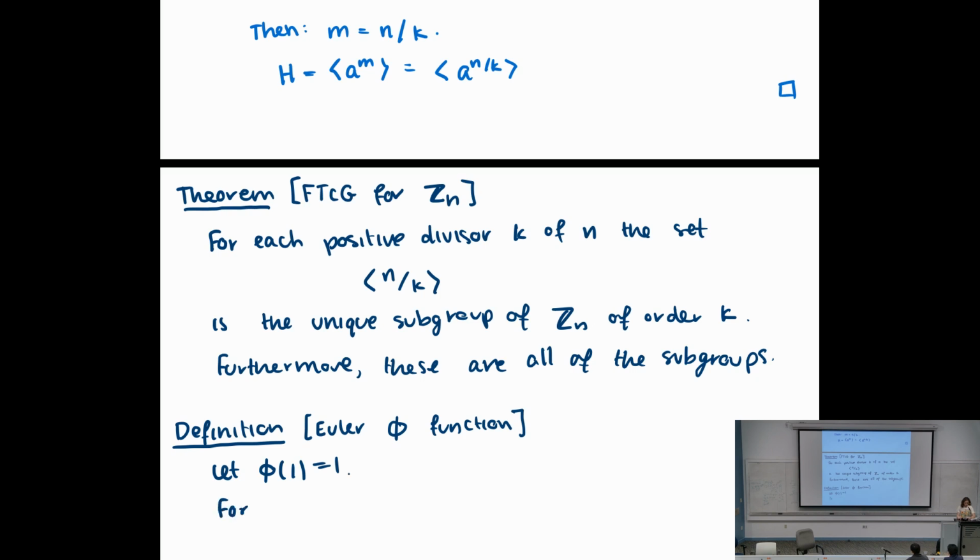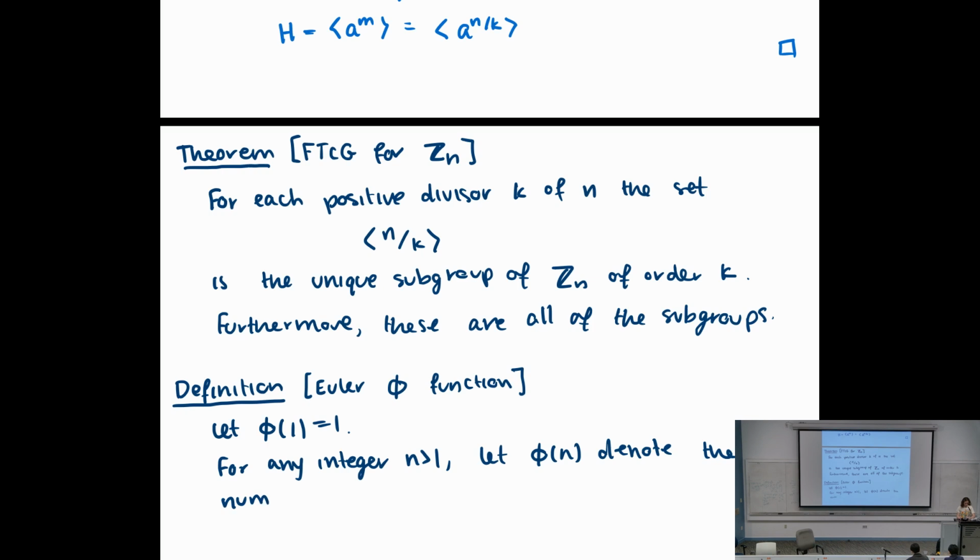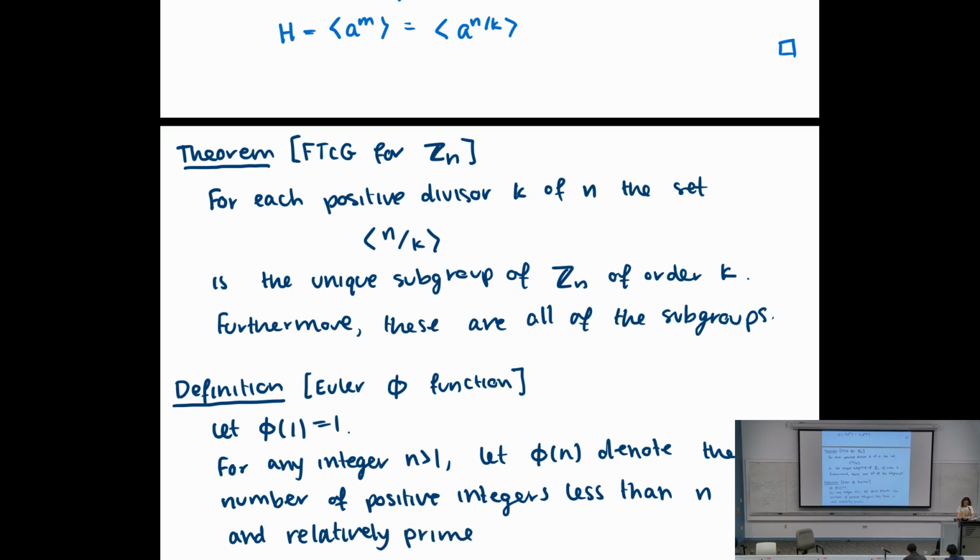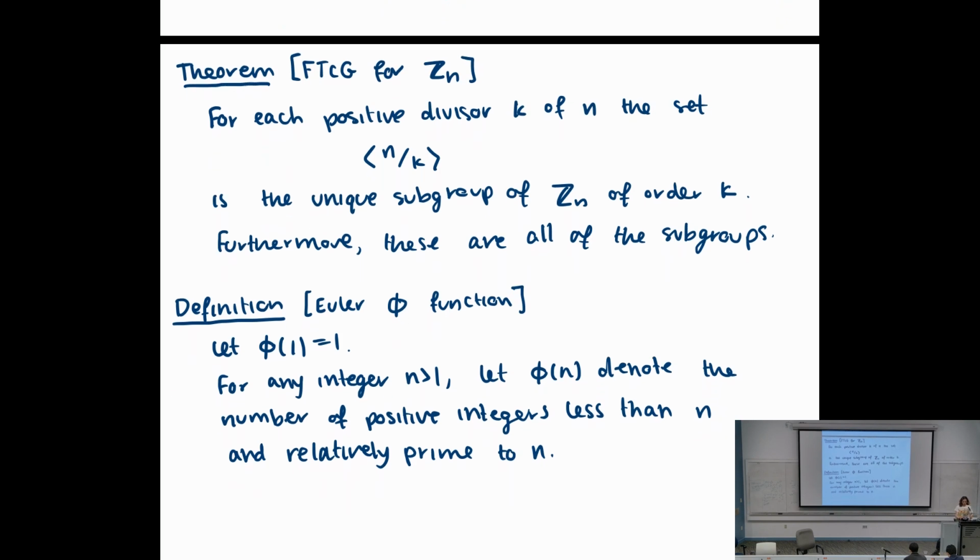And then for any integer n greater than 1, I'll let phi of n denote the number of positive integers less than n and relatively prime to n. Okay, so this phi of n is something called the Euler-Phi function.